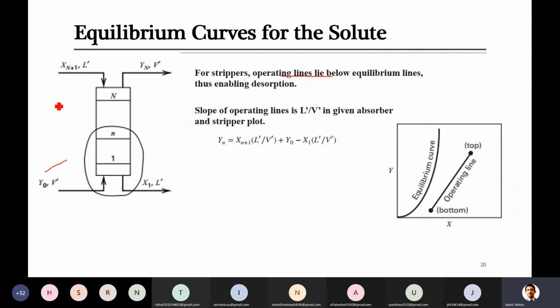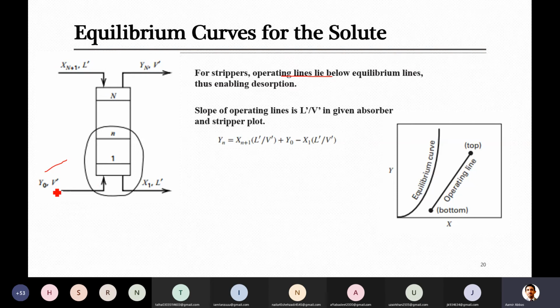The liquid which is entering from the top inside the stripping column contains the maximum amount of the solute which it has already absorbed inside the absorber column, and you want to remove those absorbed components with the help of some stripping agent. That stripping agent, when it enters, is free of the solute.